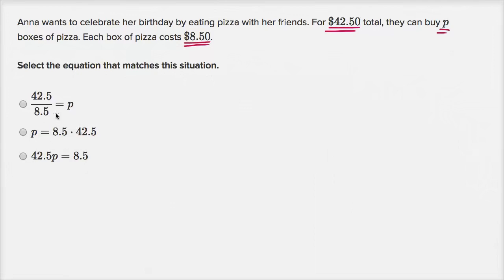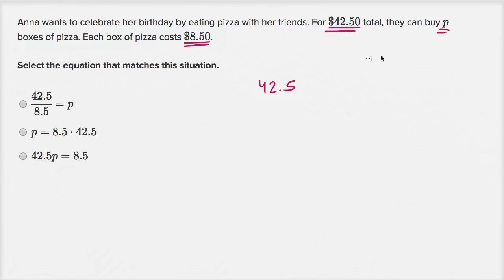So before I even look at these, let's see if I can make sense of this sentence here. For $42.50 total, and I'll just write 42.5, especially because in all these choices they just wrote 42.5, which is equivalent. So 42.50, that's the total amount they spent on pizza.